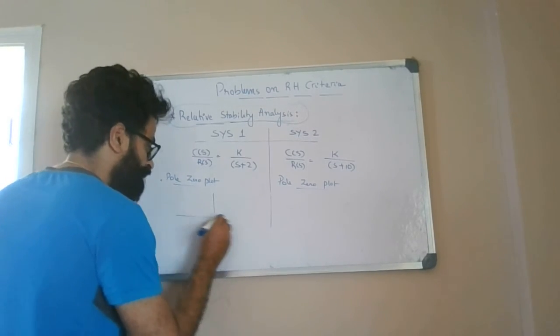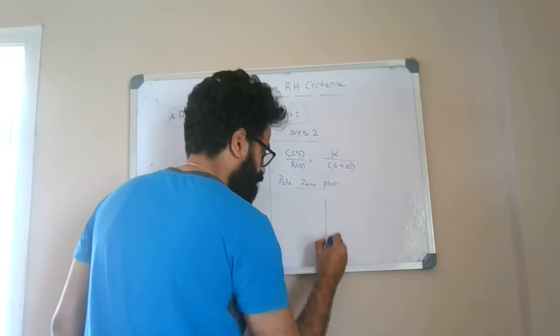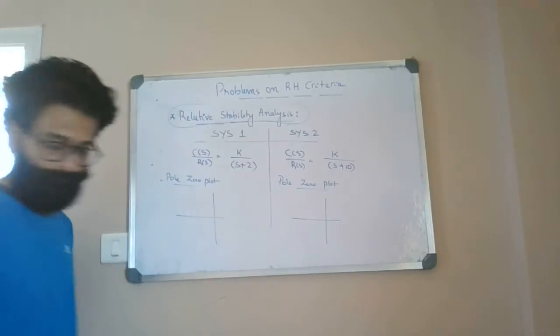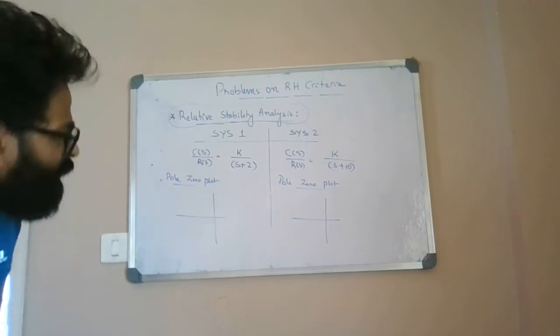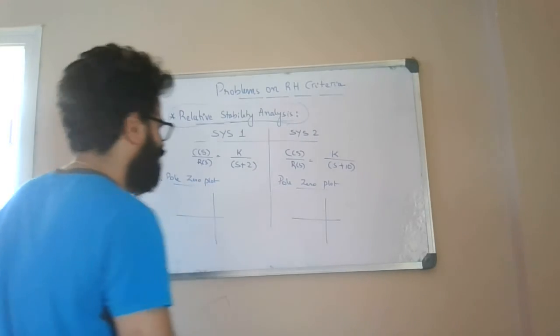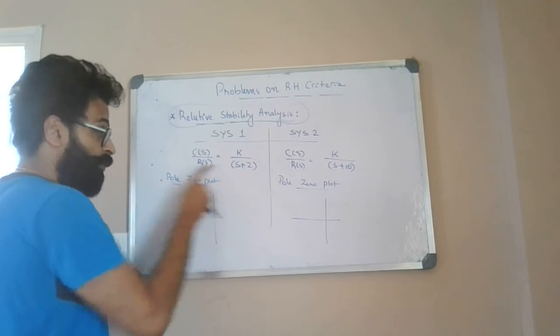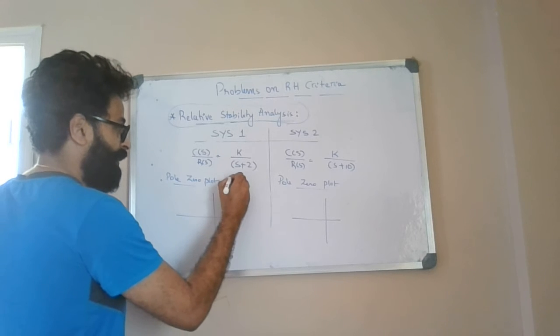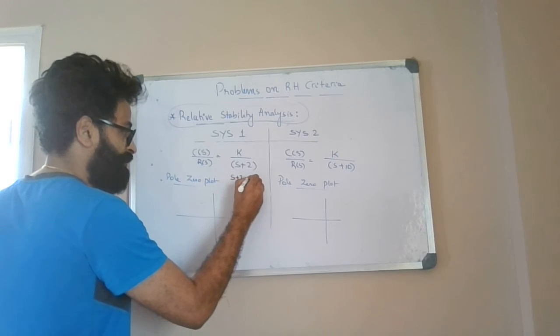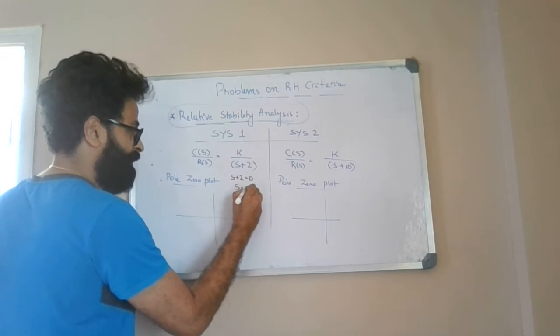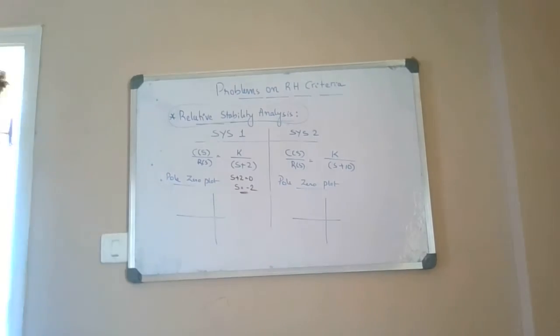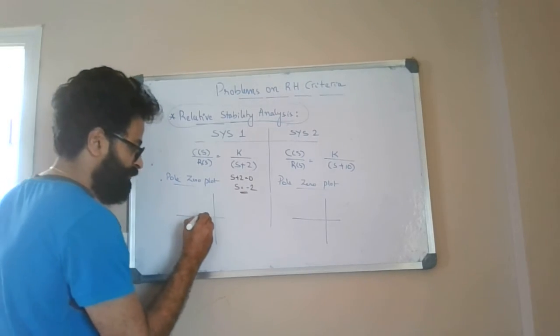So first let's draw the pole zero plot of system 1. Okay, so what do you have? You have a zero, sorry, pole, right, which is located at minus 2. So when you equate S plus 2 to 0, you will get the location of this particular root, which is at minus 2.